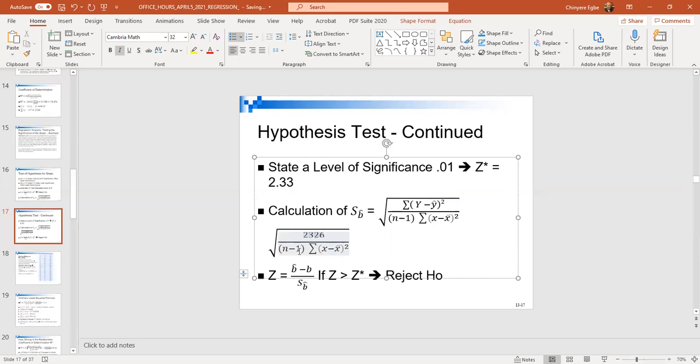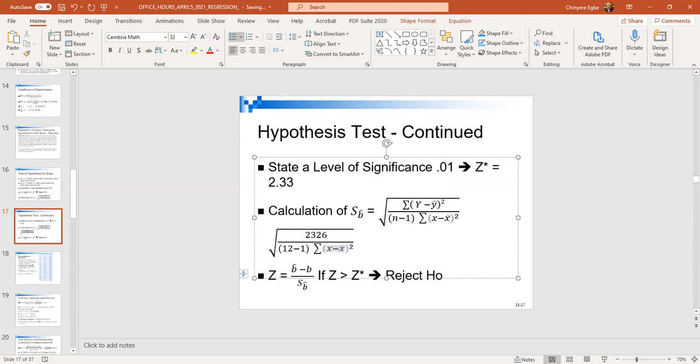What was our sample size? Let me see. Our sample size is 1, 2, 3, 4... our sample size is 12. So 12 minus 1. Summation x minus x bar squared. What was it?